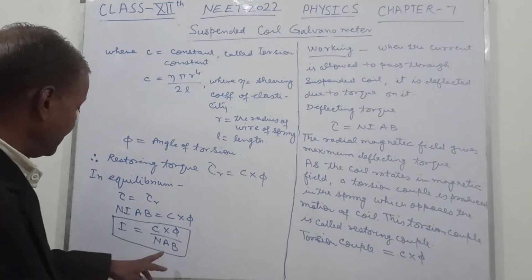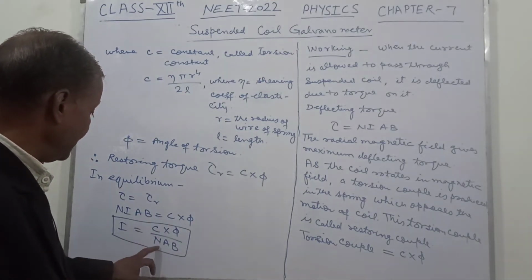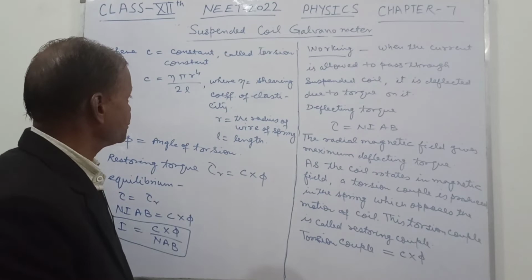Now you can see that except phi, C and NAB, these all are constants.